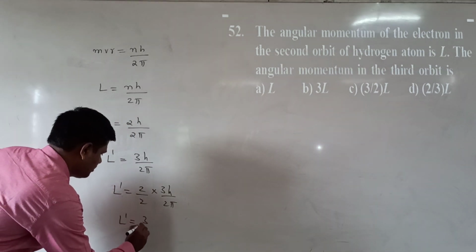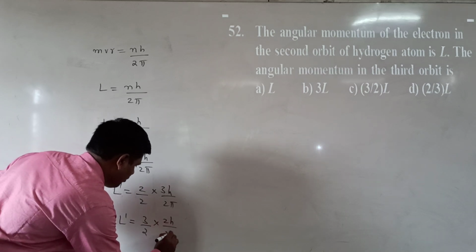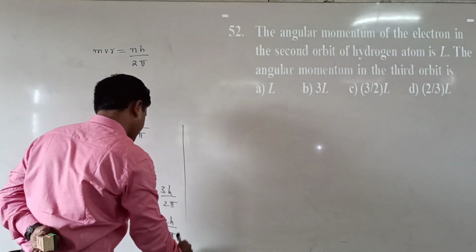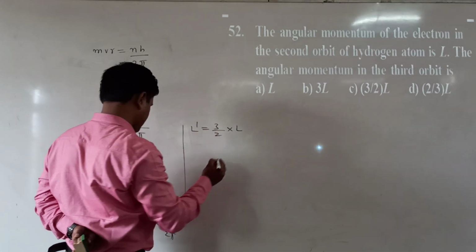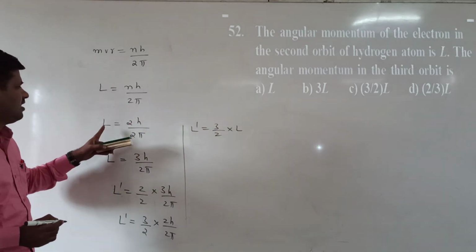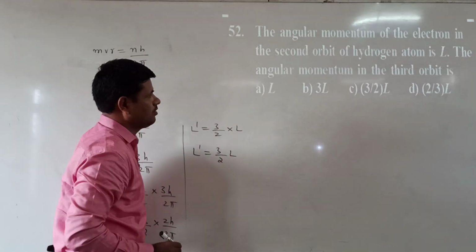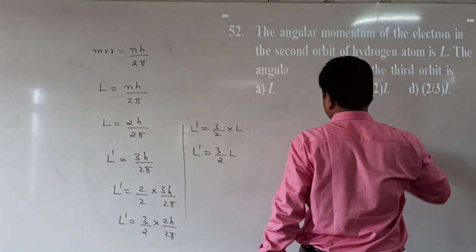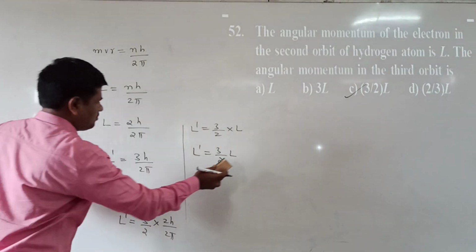L dash is equal to 3 by 2, which I write outside, and the remaining is 2h by 2 pi. Now from this, L dash is equal to 3 by 2 into L, since 2h by 2 pi is L. So L dash is equal to 3 by 2 into L. Which option is correct here? C option is correct. Right, this is question number 52.